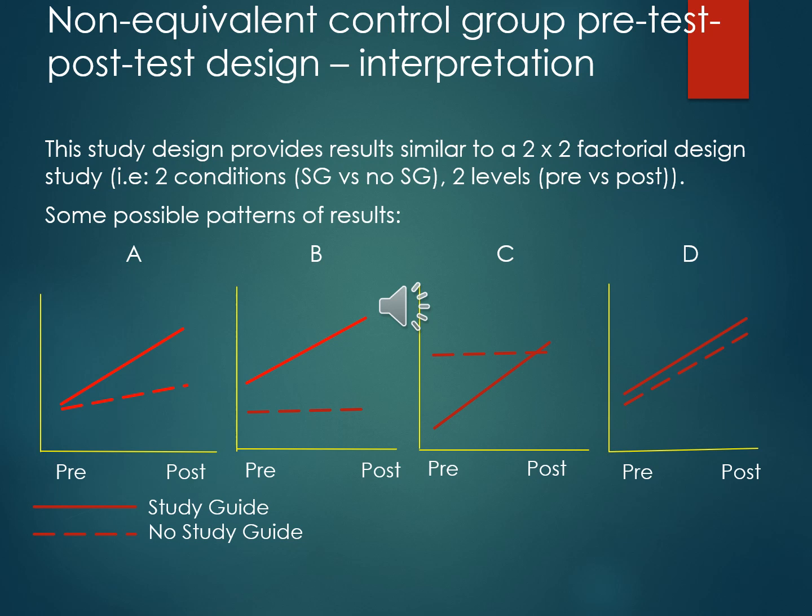The y-axis is the difference in performance. You can imagine this provides, for example, the pre-test and post-test for the introduction of the study guide. One of the conditions, the study guide condition, is in a solid line, the no-study-guide condition is in a broken or dotted line, and the y-axis is the actual performance on the test. The interpretation of these four different patterns of data is provided in the next slide.